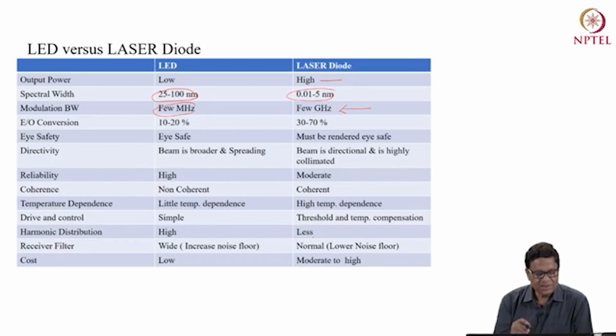These sources are normally used in optical fiber communication, and we will also see that LEDs which are used for illumination will be used for communication as well. So we are going to have extensive use of LED for communication along with illumination, and the laser diode will be used when we discuss outdoor optical wireless communication from point to point, like free space optics links, where generally laser diodes are used. So we'll see the application of these devices in future classes.